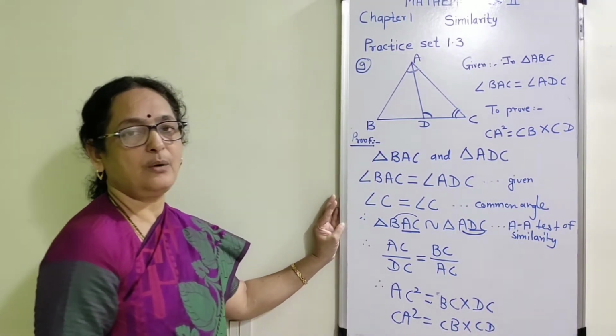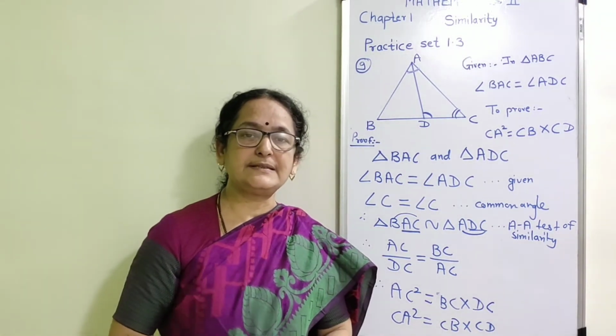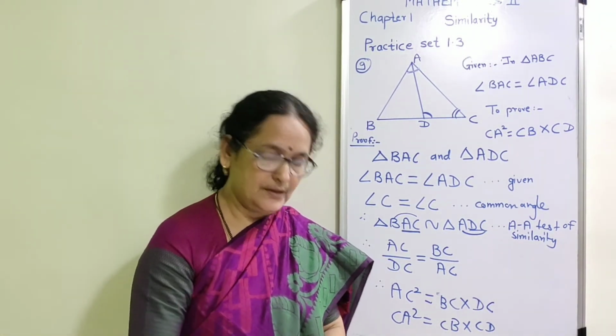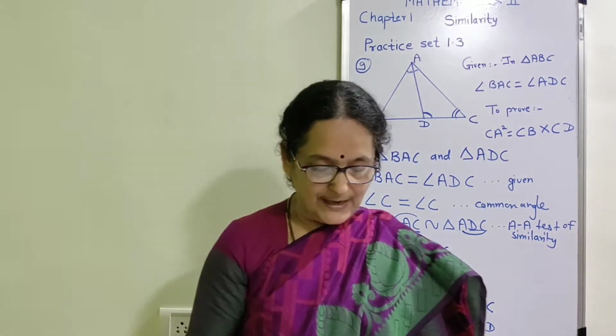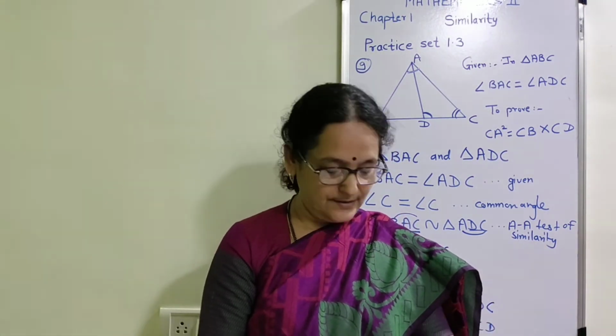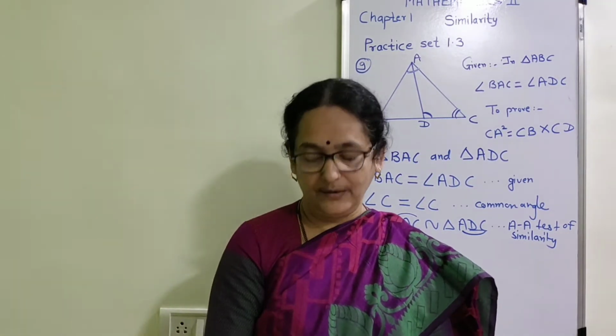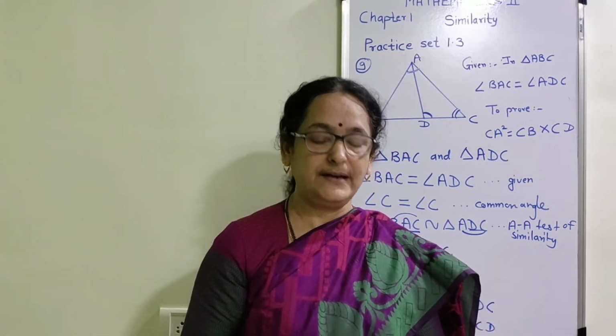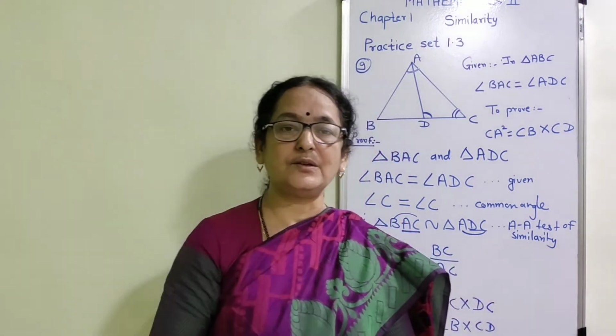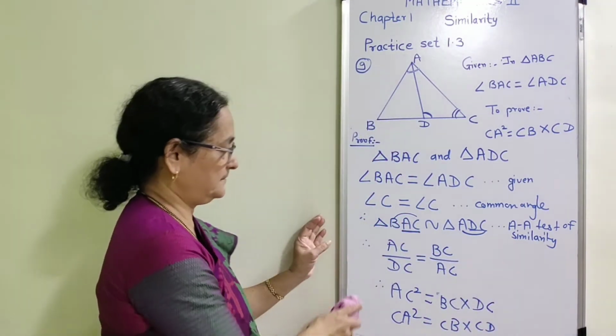And here we have completed our practice set 1.3. Now students, we are going to complete the next theorem which is the most important theorem from our syllabus, that is the theorem of areas of similar triangles.